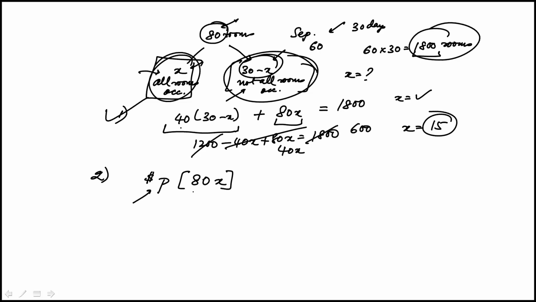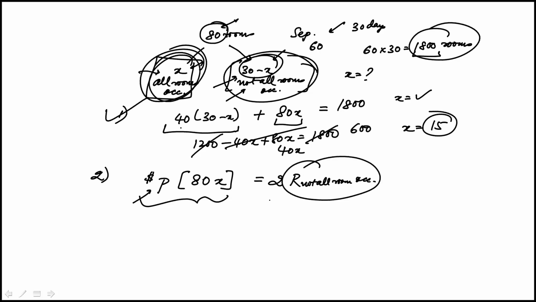And they tell you that it's the same one. So that would be the revenue from these days. And they're saying this is twice the revenue when not all the rooms were occupied. So twice not all rooms occupied. I'm just going to leave it in that form, which means that revenue will be P times 40X.